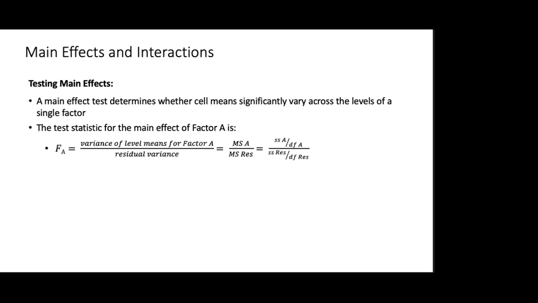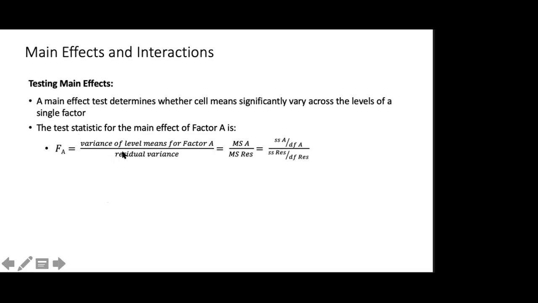And so the test statistic for the main effect of factor A is just the variance of level means for factor A. So it's our mean square measure for factor A, and that is the sum of squares A divided by degrees of freedom for A, as we just discussed, divided by the residual variance.